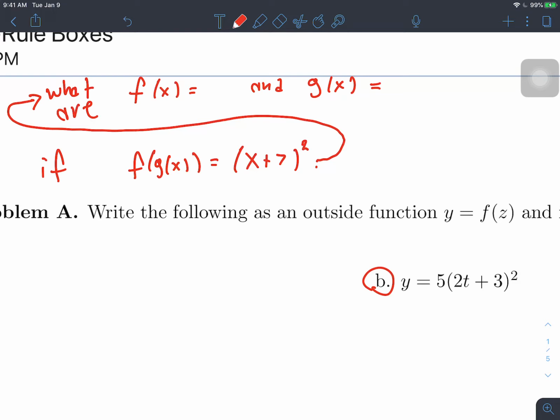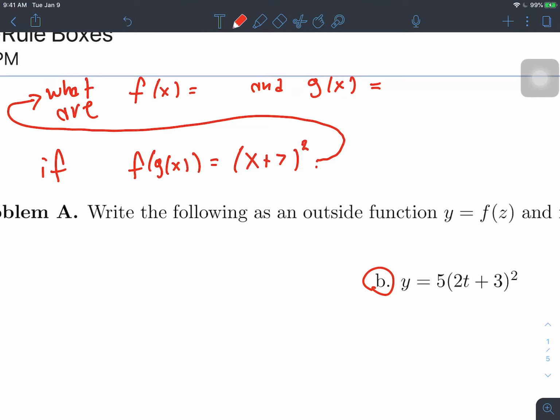Okay? So now what we need to do is look at a composition of functions and decide which one is the inside function and which one is the outside function, and how I can write them. Okay? This is what we're doing now.